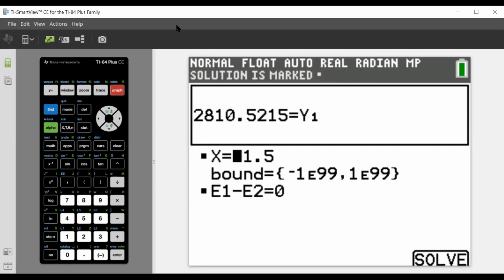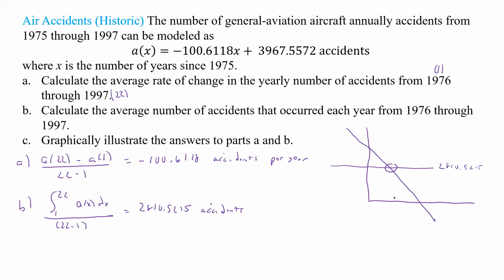So it's 11.5. So this is at 11.5, and so that's 11.5 comma 2810.5215. Okay, and so that's our intersection. So graphically illustrated, this is our average number of accidents, and both of them are going to intersect at 11.5, and that's going to be years since 1975.